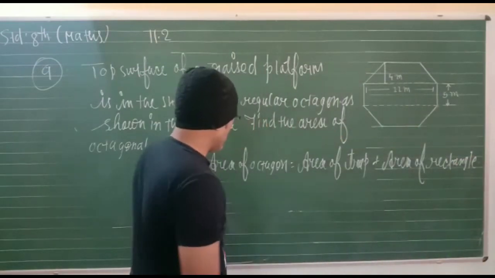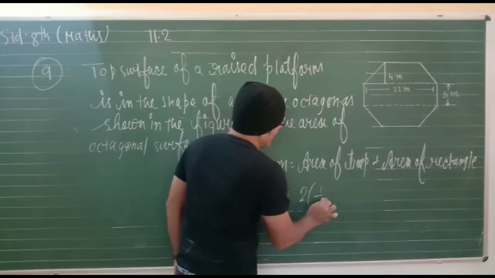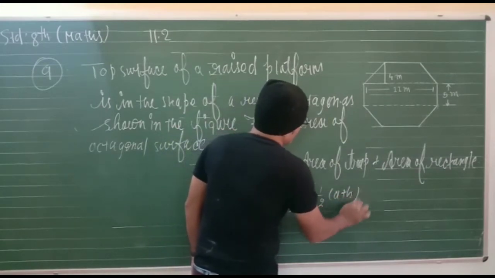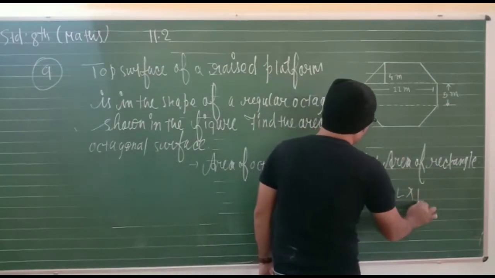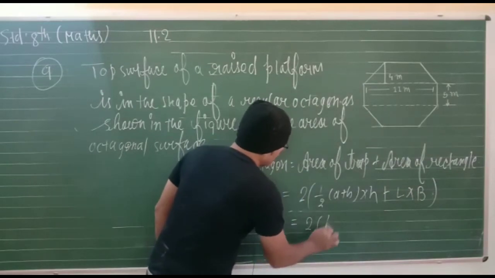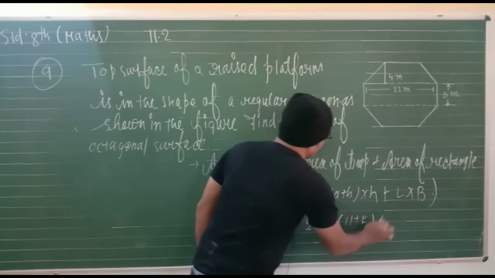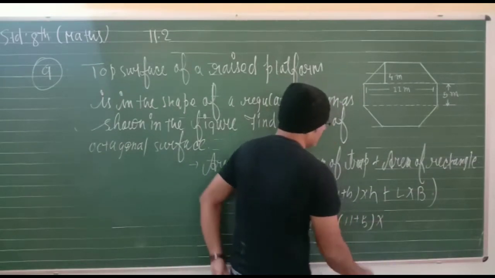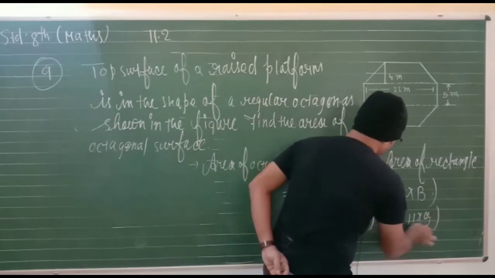Now see, area of trapezium, you have to use the formula 2 into half into a plus b into h plus area of rectangle, that is length into breadth. Put the value 2 half a plus b, that is 11 plus 5 into your height is 4 plus 11 into 5.